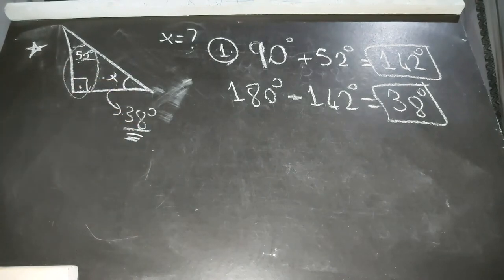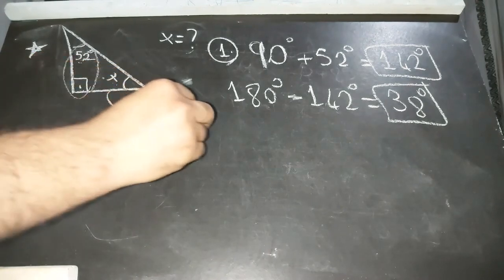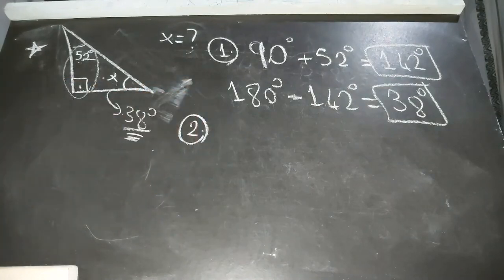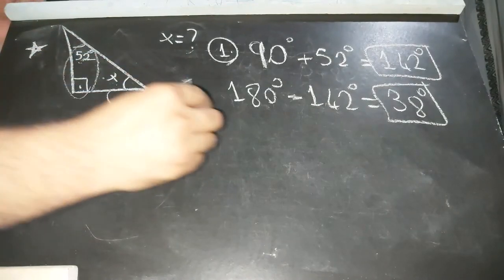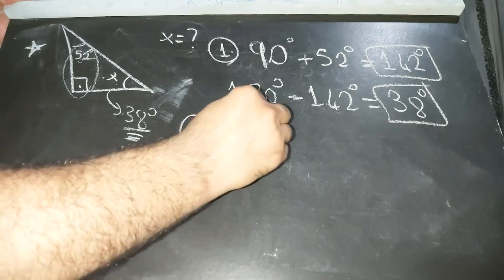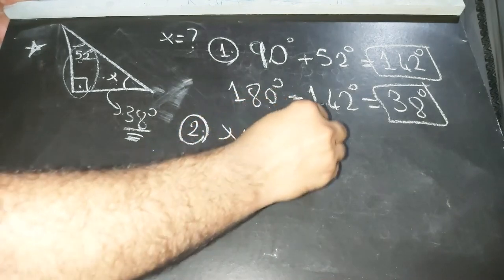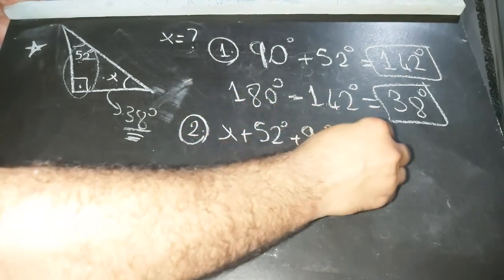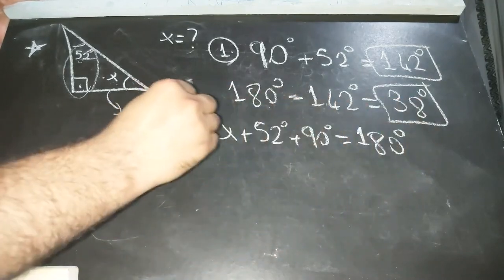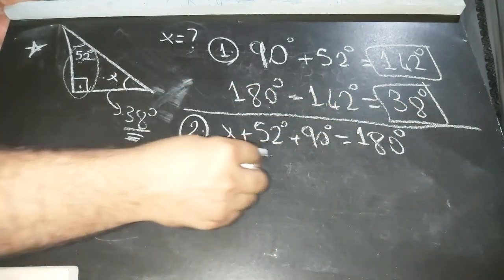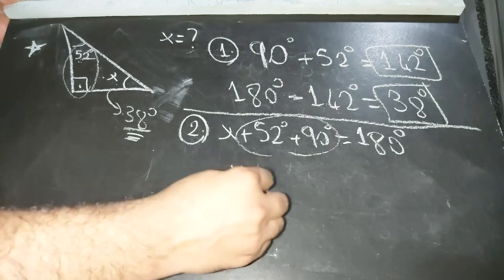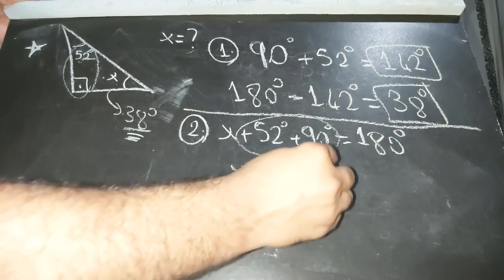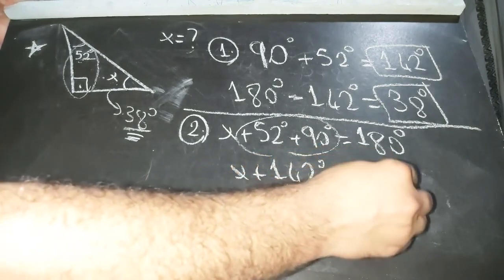Okay, the second method, an equation: x plus 52 plus 90 equals 180. Add them up, that will be x plus 142 equals 180.